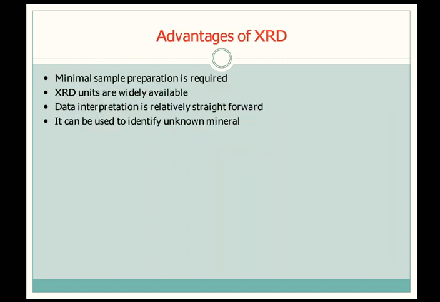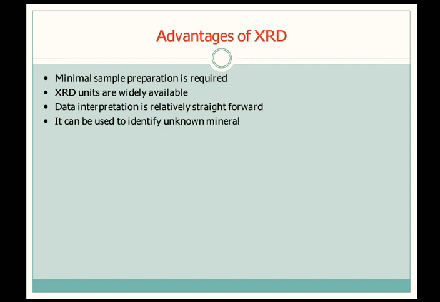The advantages are that minimal sample preparation is required. So even though the sample preparation is very less, we can use this method. XRD units are widely available. That is, XRD instruments are present in each and every institution that carries science research work or any science related projects.